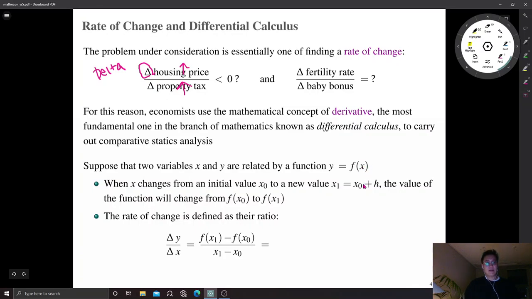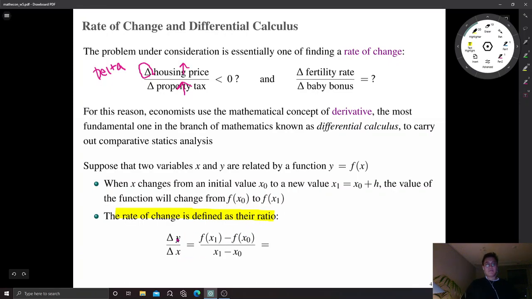Okay. And if we change the independent variable x from the initial value x naught to a new value x sub 1, so we increase x by h, then the function will change from f of x naught to f of x1. And the rate of change is defined as the ratio of these two changes.